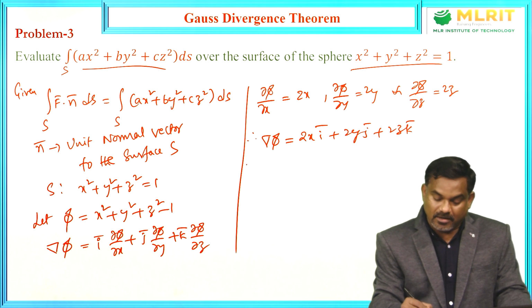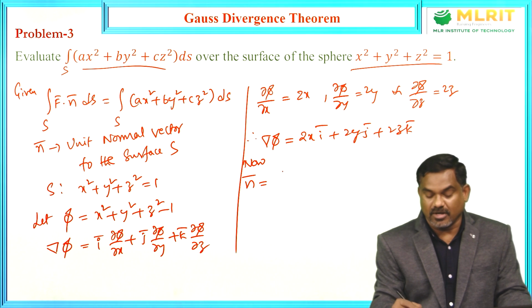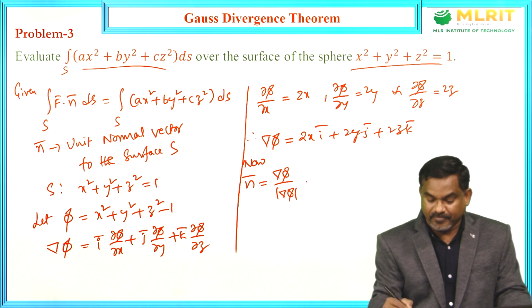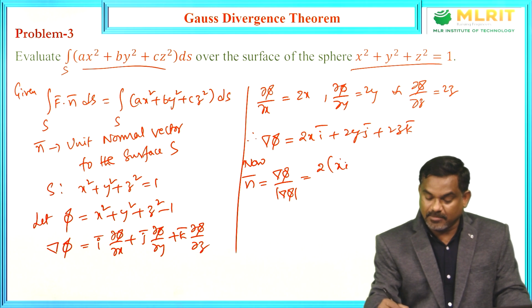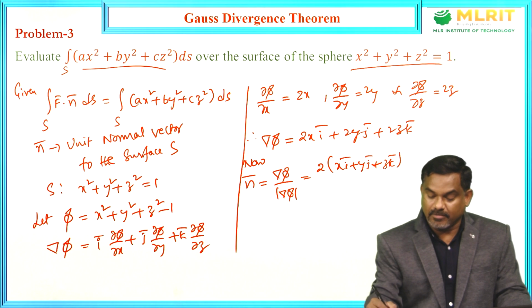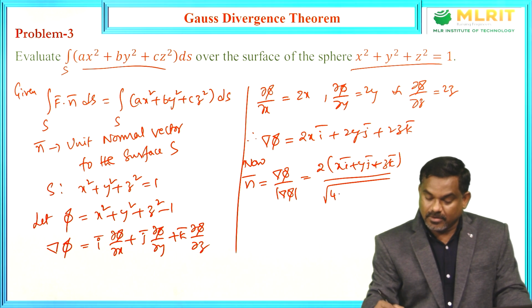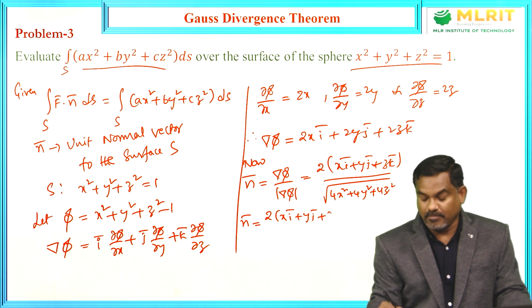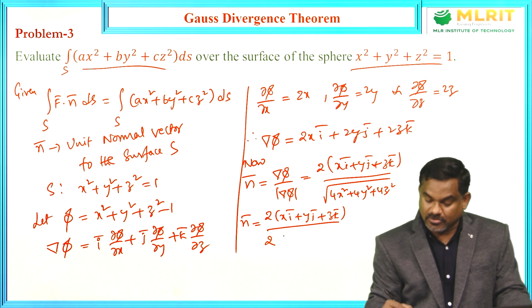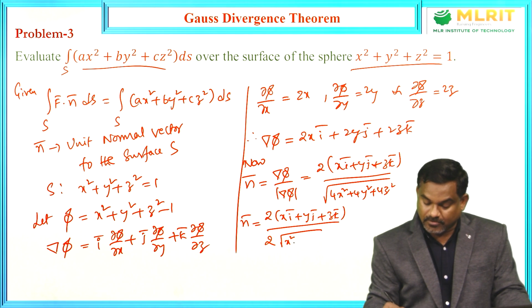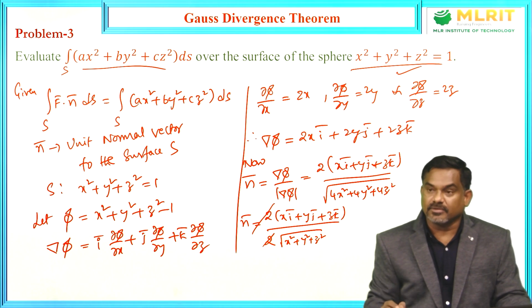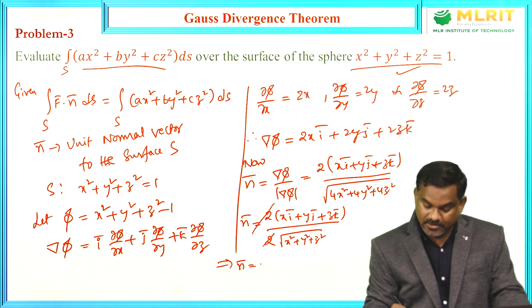The unit normal vector n̄ is del φ by mod del φ, which is 2(x ī + y j̄ + z k̄) divided by √(4x² + 4y² + 4z²). So n̄ is 2(x ī + y j̄ + z k̄) divided by 2√(x² + y² + z²). The 2s cancel, and x² + y² + z² is 1, so n̄ is x ī + y j̄ + z k̄.